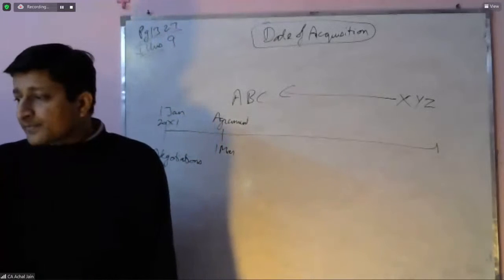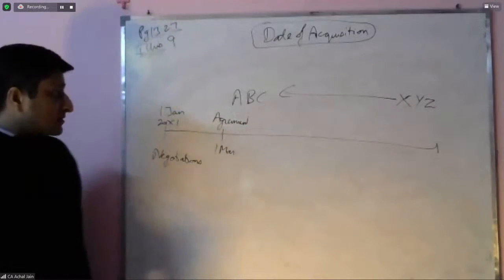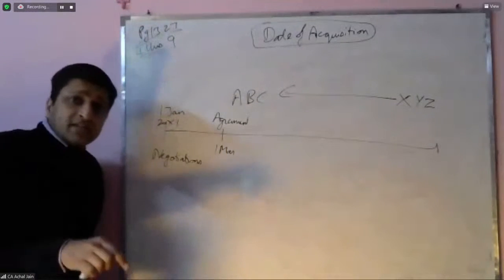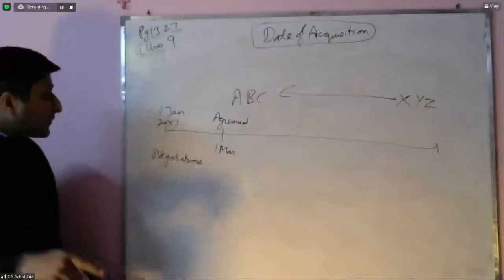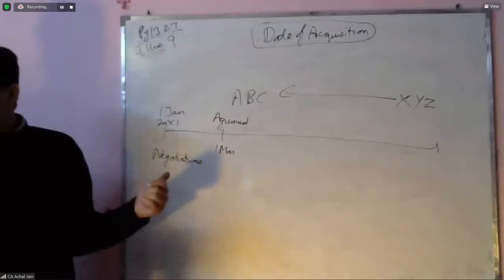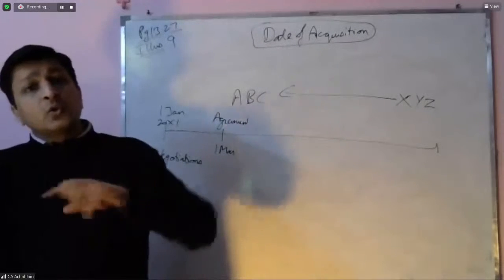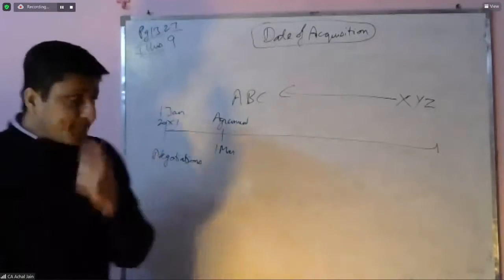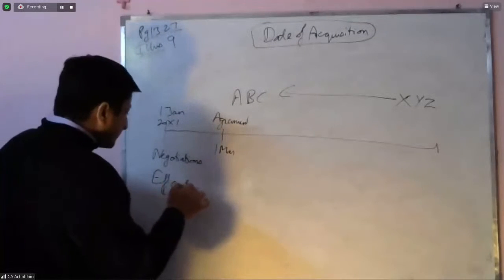Agreement states that acquisition is effective from 1st of January 2000X1. So in the agreement itself, it is written that acquisition will become effective from 1st of January 2000X1 and that ABC is entitled to all the profits. So this will be the effective date.